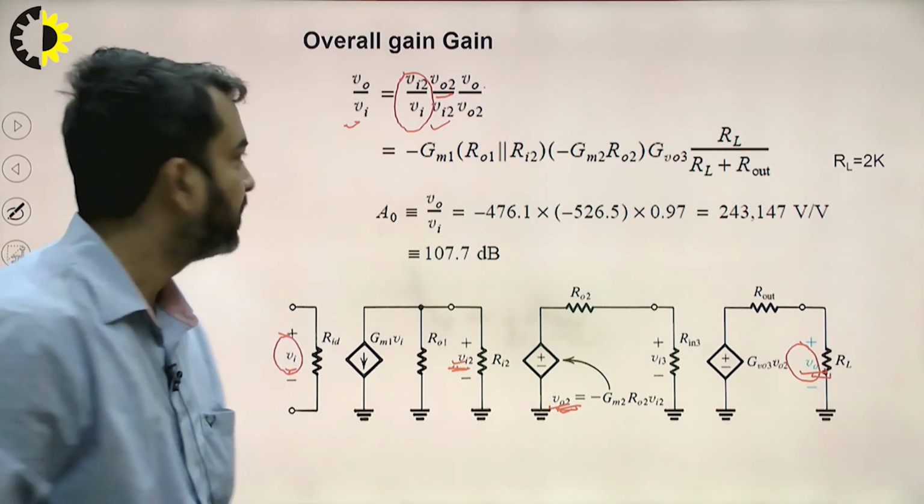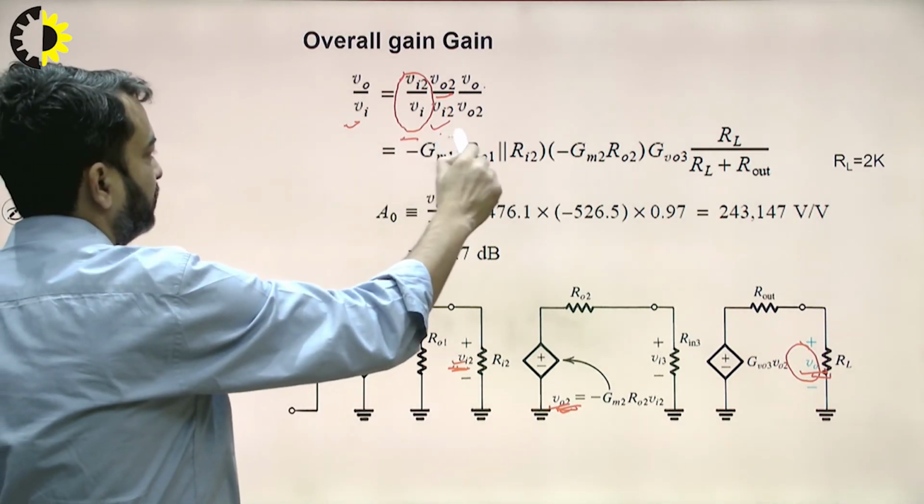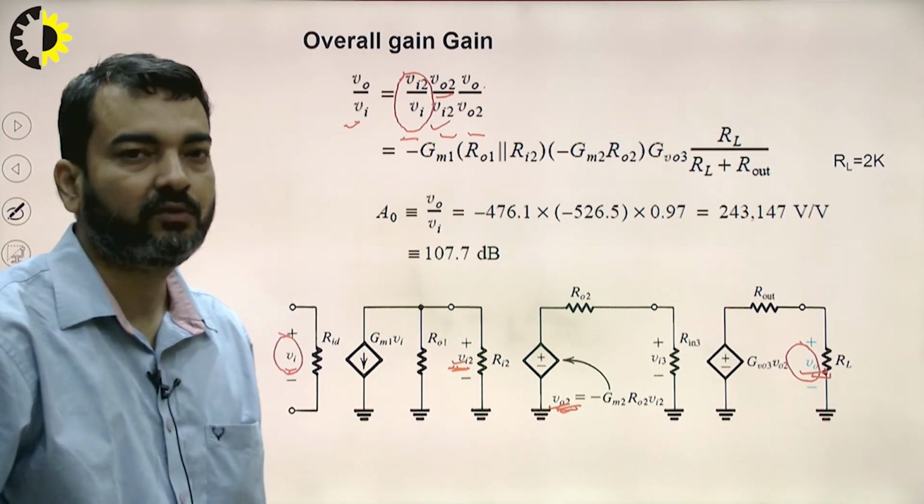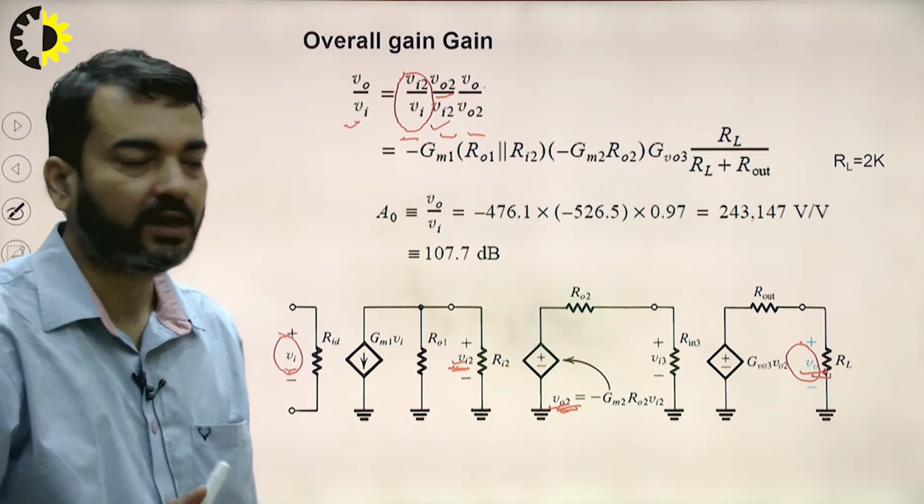So we will calculate these three factors 1, 2, 3. We will simply multiply and we will be able to calculate the overall gain of the 741 IC.